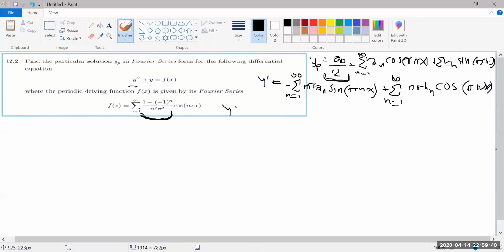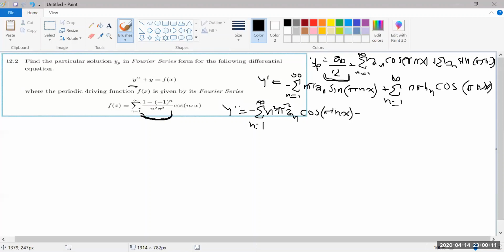Now we need our second one. So you get your negative sum here, n equals 1. Our sine is going to turn back into a cosine, so we have our n squared, our pi squared here, thanks to the chain rule. We still have our a sub n cosine pi n x.